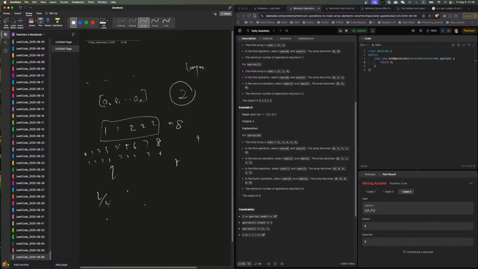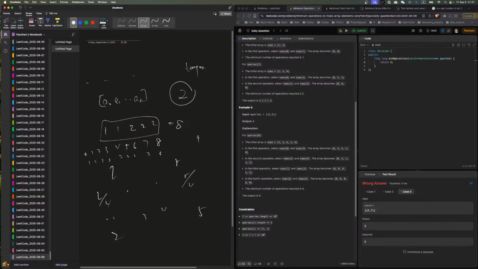We need to find that. So L divided by 4, R divided by 4, okay? I have these two values. If they're different, like if this one is 2, this one is 5, then I know within them we have 3 and 4.